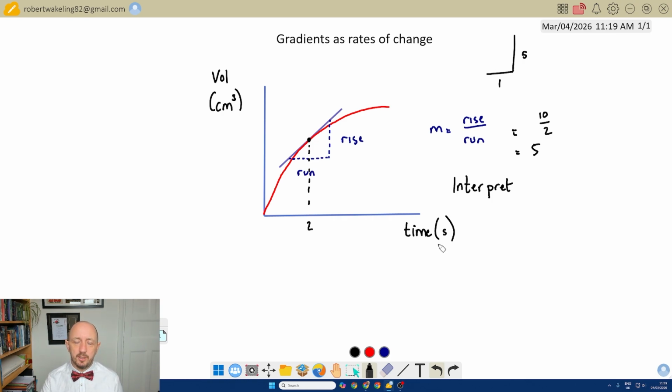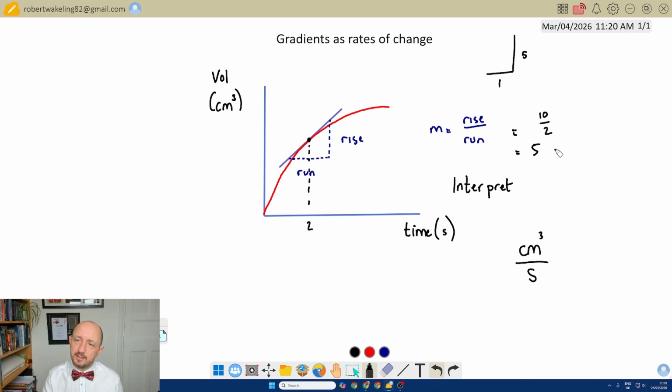What we have to do is interpret the units. What do I mean by that? Well, the rise, the y-axis, is centimeters cubed divided by the run, seconds. So we're doing the rise over run calculation, but with the units at the same time. We've got a number of 5, let's say. I've just made up the numbers, but let's say we've got an answer of 5.